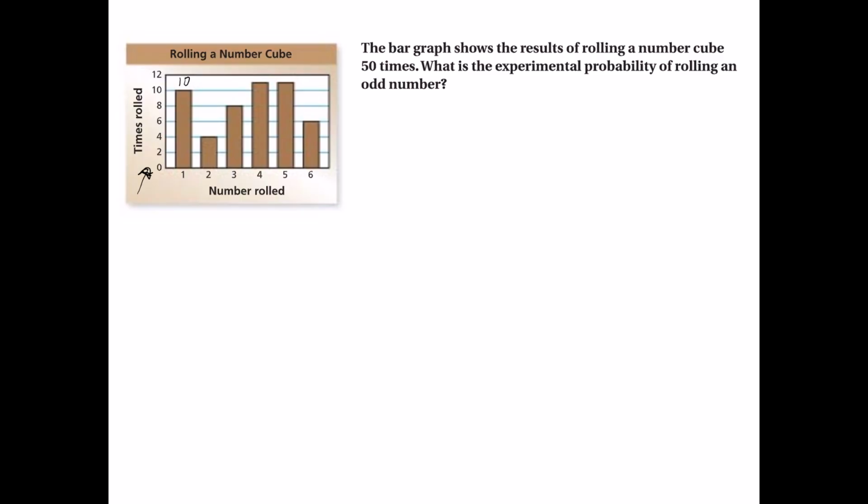The number 2 was rolled 4 times. The number 3 was rolled 8 times. The number 4 was rolled 11 times. The number 5 was also rolled 11 times. And the number 6 was rolled 6 times. So in total, we rolled our die 50 times.